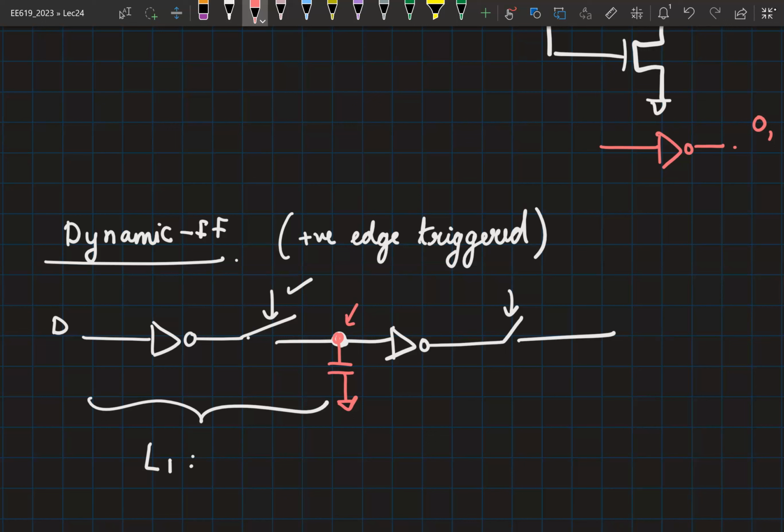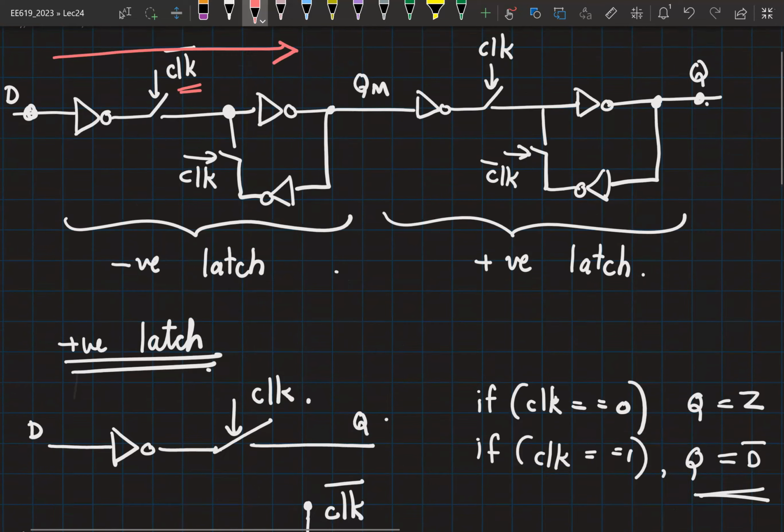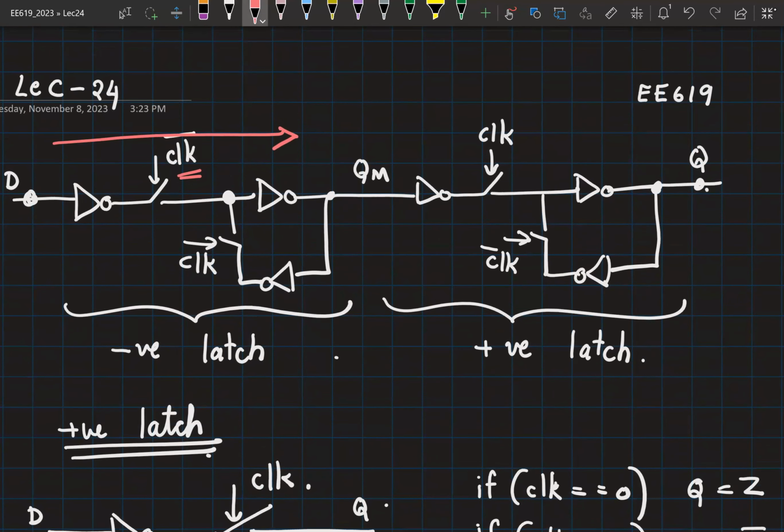So beyond that, if you are operating this at very low frequency, because of the leakages, the voltage here can change. Whereas in the static implementation, as long as the data was set up and held correctly, and it reached this point correctly, and if VDD and ground are present, you can basically hold that value forever.